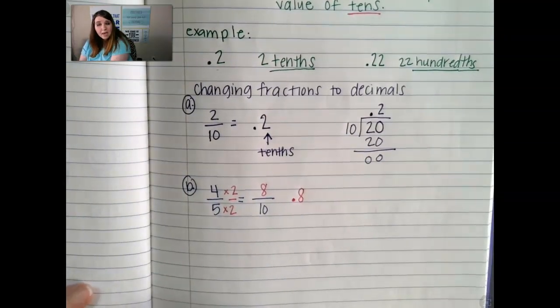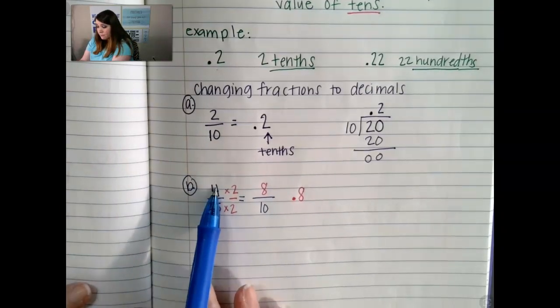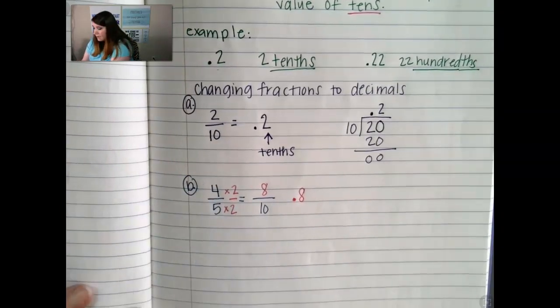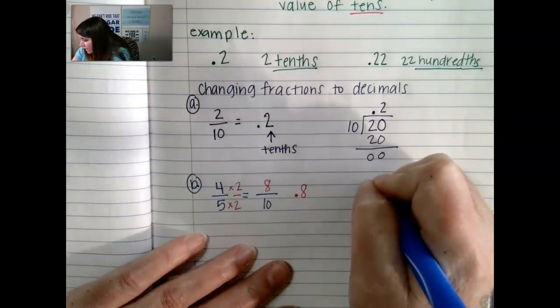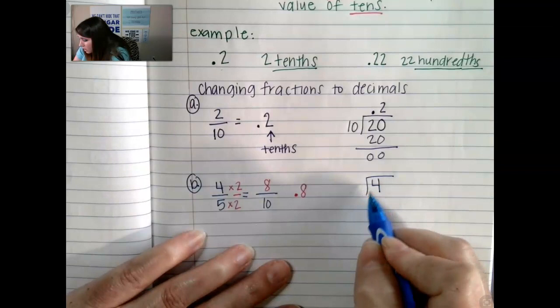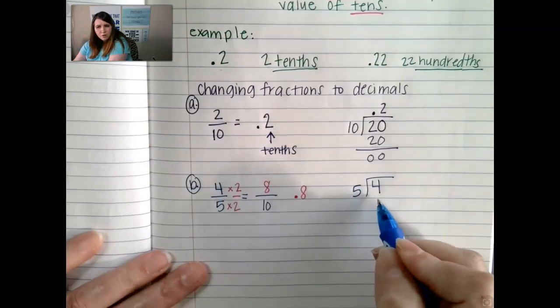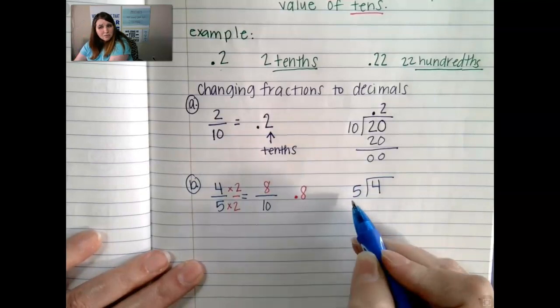8/10. Okay, well, could I also use regular division to solve this? Yeah, I sure can. I could say 4 divided by 5 because we know in a fraction that you're dividing it, right? So 4 divided by 5. Well, 4 is smaller than 5, so I can't divide by that.